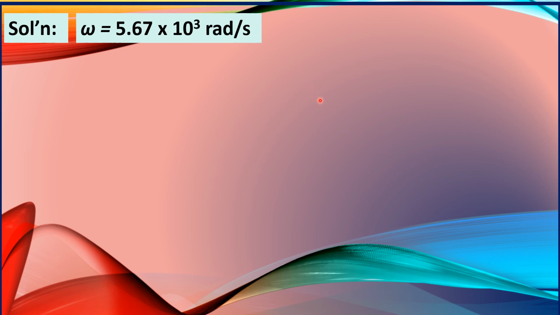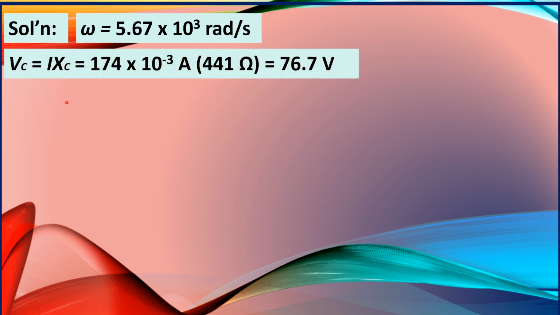We first determine the voltage amplitude across the capacitor, capital V sub C, which is equal to the product of the current amplitude, capital I, and the capacitive reactance, capital X sub C. Substituting the current amplitude, 174 times 10 to the negative 3 amperes, multiplied by the capacitive reactance, 441 ohms, we get capital V sub C equal to 76.7 volts.